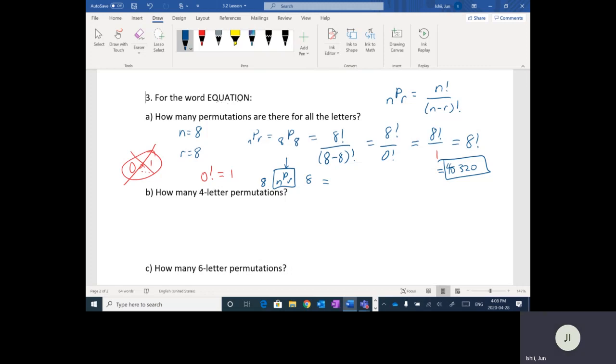All right, so next up, let's see how many 4-letter permutations. So this would be 8 pick 4, which is equal to 8 factorial over 8 minus 4 factorial. So 8 factorial over 4 factorial.